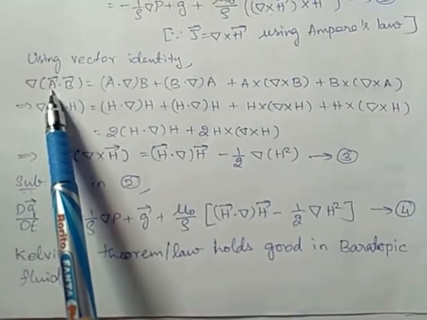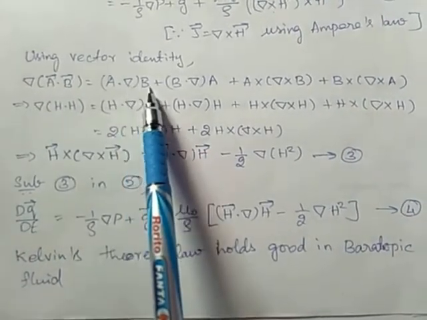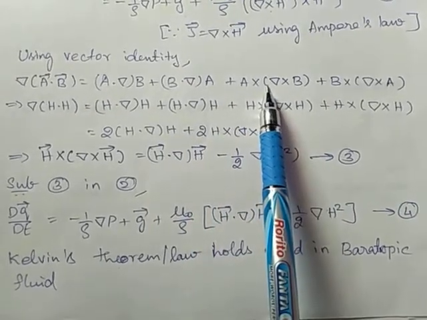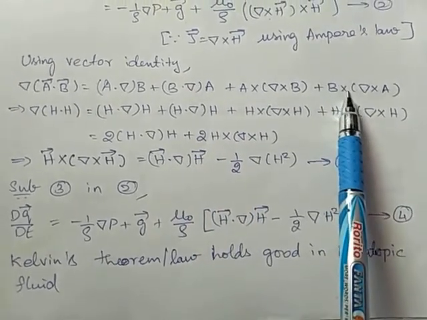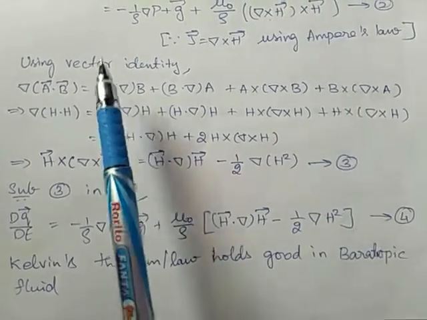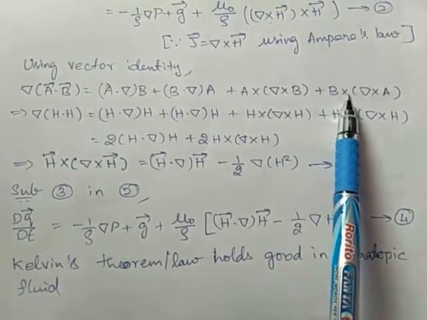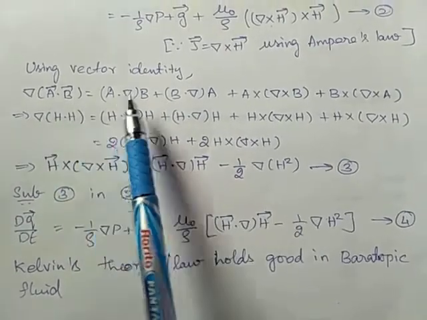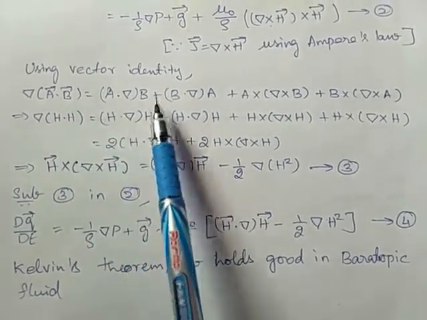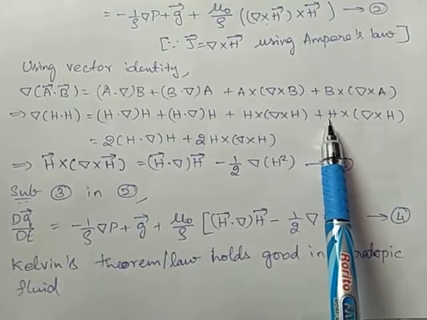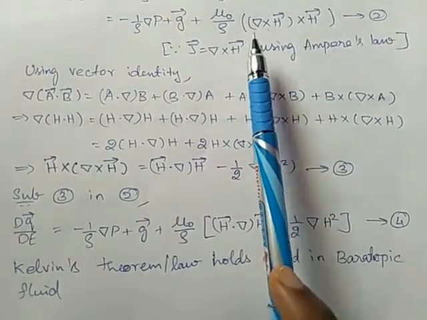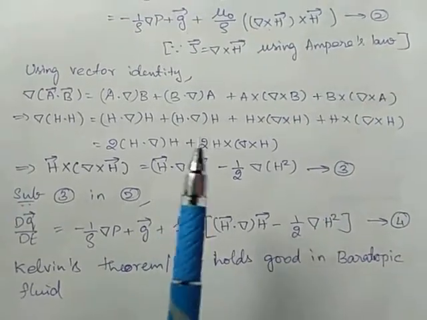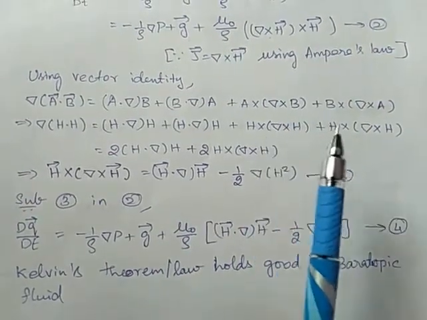Del of A dot B is equal to A dot del B plus B dot del A plus A cross del cross B plus B cross del cross A. In this vector identity, just substitute A as H, B as H. We have to find del cross H cross H.